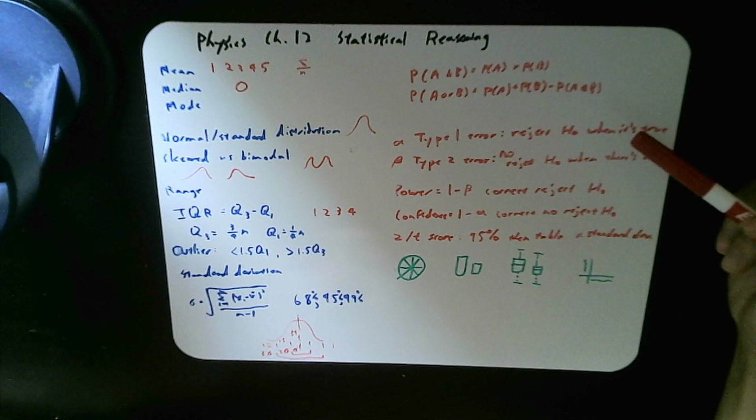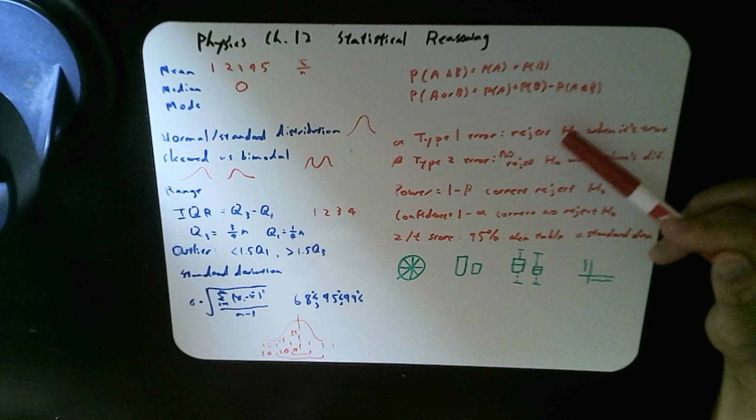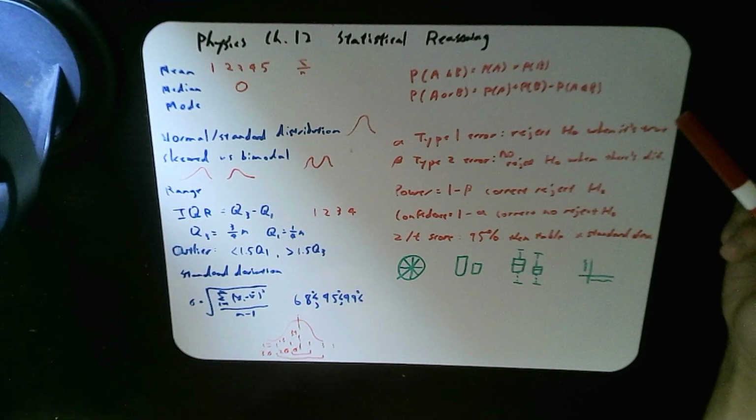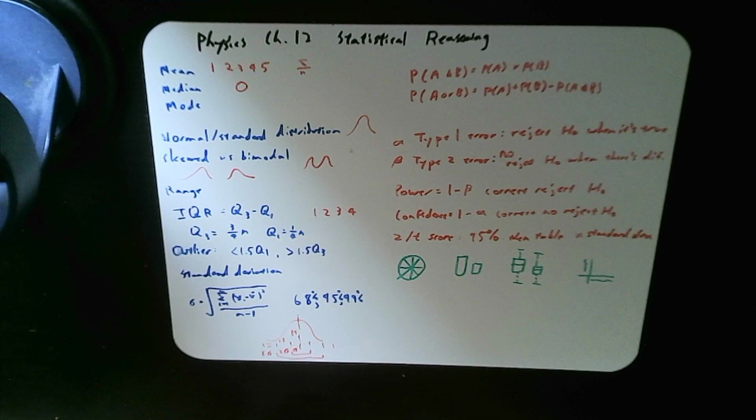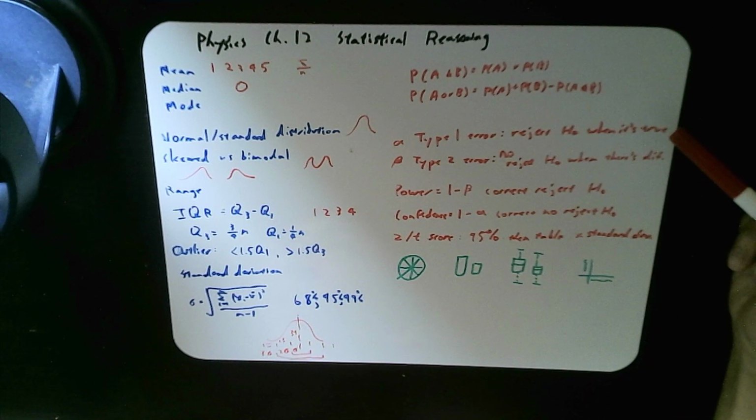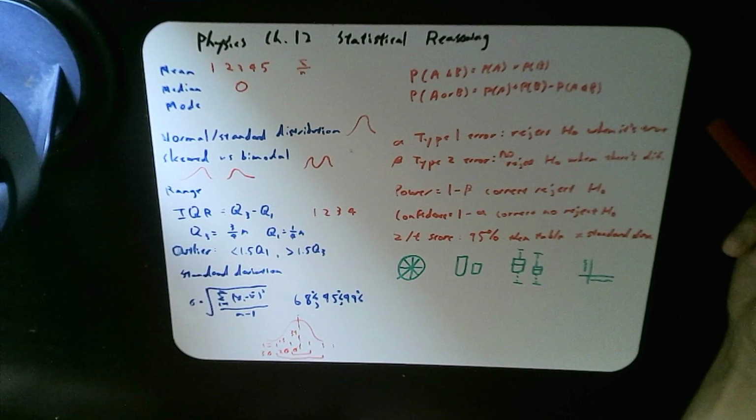And a type 1 error is when we reject it when there's actually no difference between the two measurements. A type 2 error is when we don't reject it when there's actually a difference. So, for instance, I want to see whether a plant that I watered with vitamin B or just normal water, if adding vitamin B to the water helps the plant grow better.